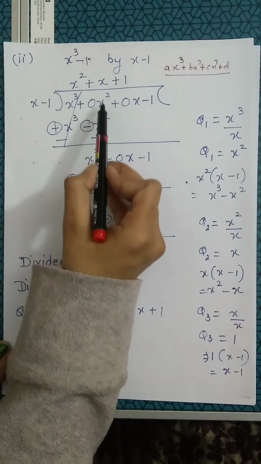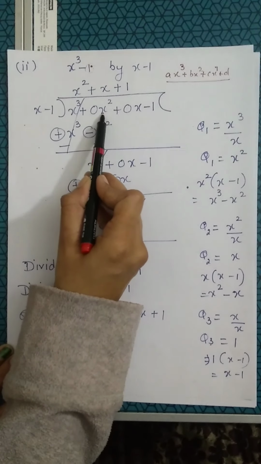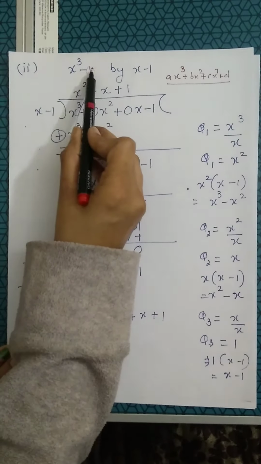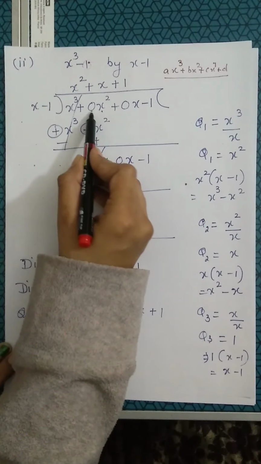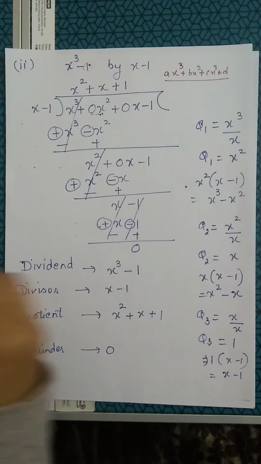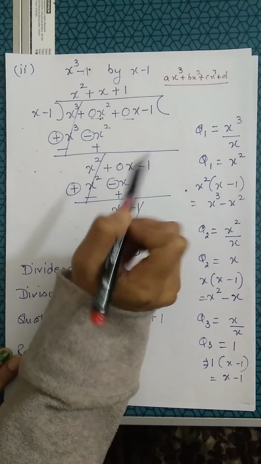Now here we are missing x square and x. What we'll do in this case is write 0. When I write the dividend, instead of x cube minus 1, I will write x cube plus 0x square plus 0x minus 1. It won't make any difference because the coefficient is 0, so the term will remain 0.